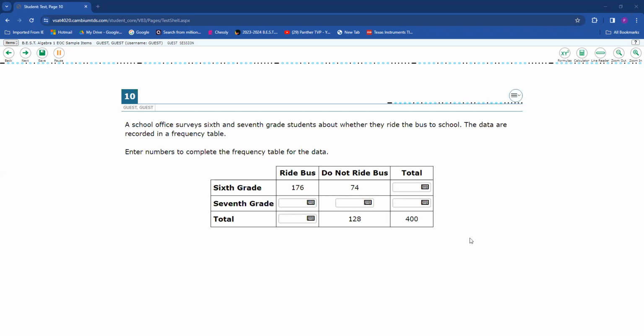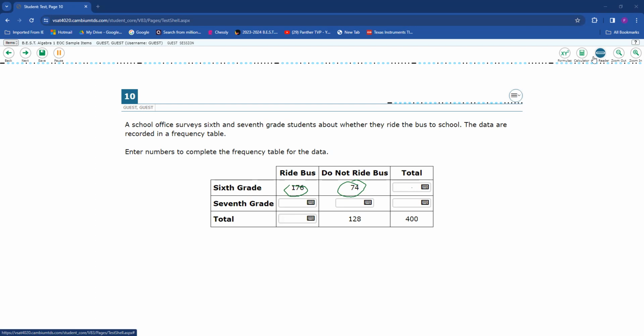All right, so this is a table where you add 176 and 74. When you add this way, 176 added to 74, you're going to get that total there. So once again, let me bring my calculator. This is a two-way table where every row is a sum, and every column too.